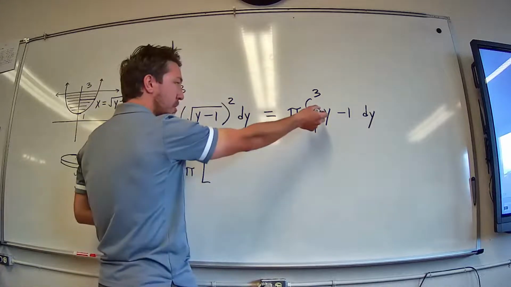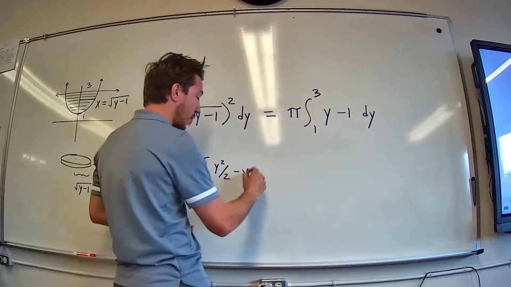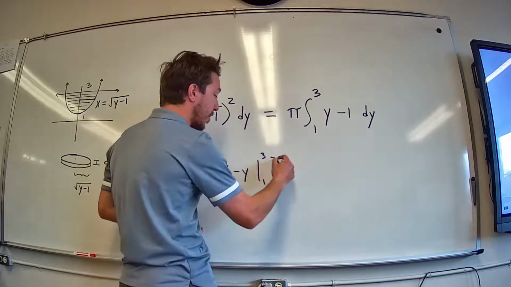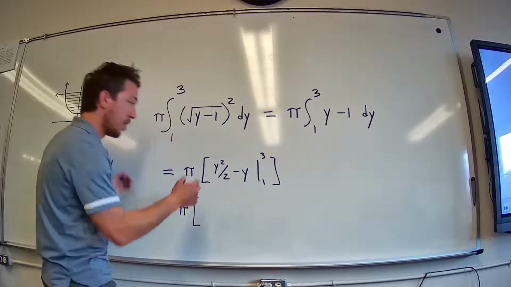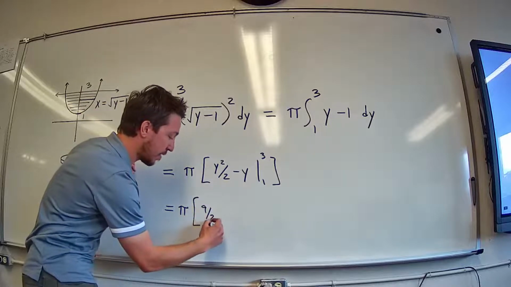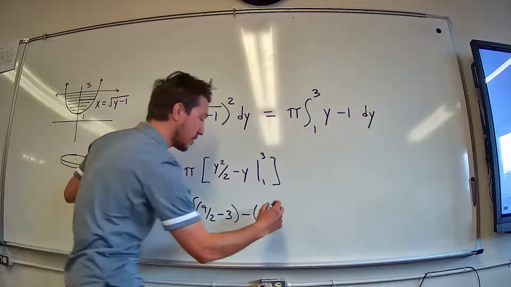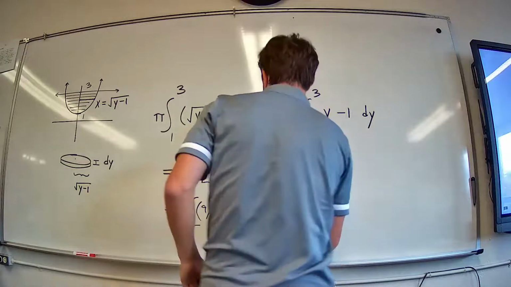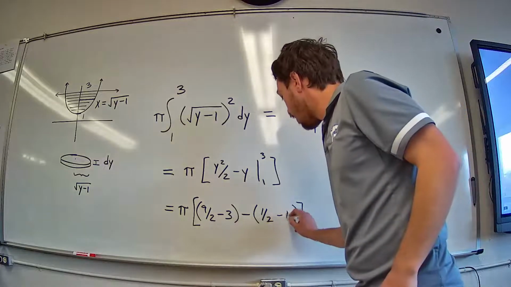Okay. So the integral is y, half of y squared minus y, and we're going from 1 to 3. Let's plug in the 3. You get 9 halves minus 3, minus, plug in the 1, you get a half minus 1.